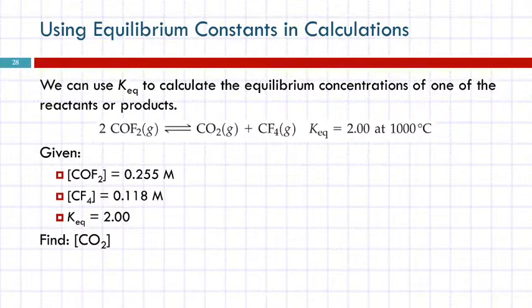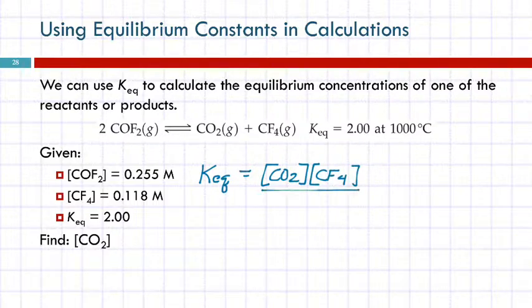So we need to write the equilibrium constant expression. That comes from the chemical equation. So KEQ equals products divided by reactants. This one has a coefficient of 2, the reactant, so I have to square that. They're asking me to find the concentration of CO2.